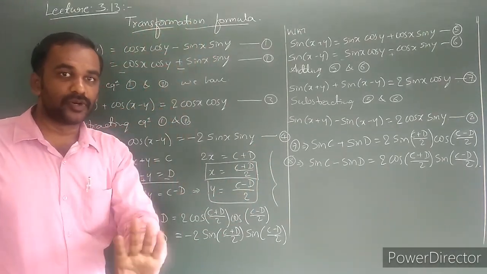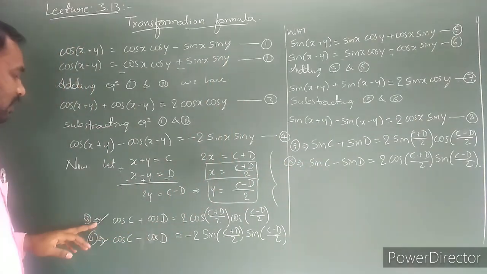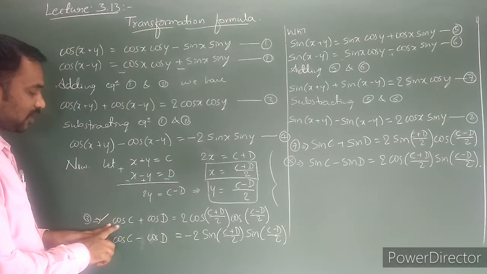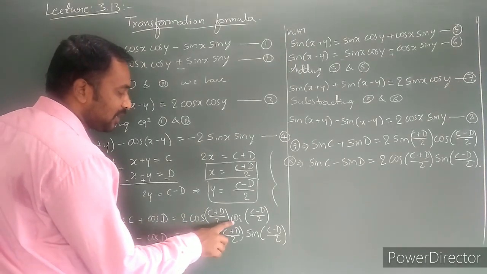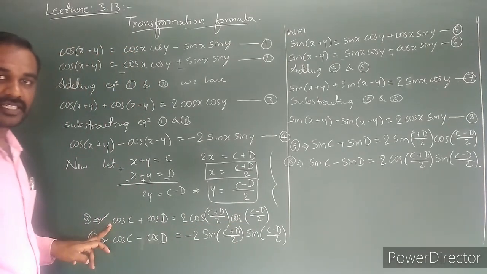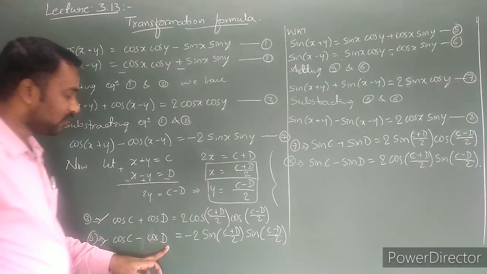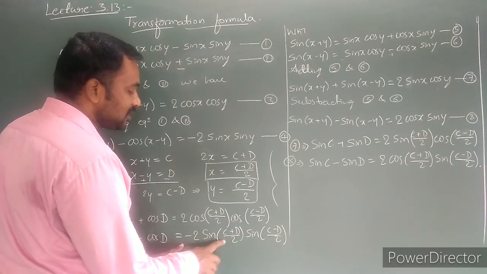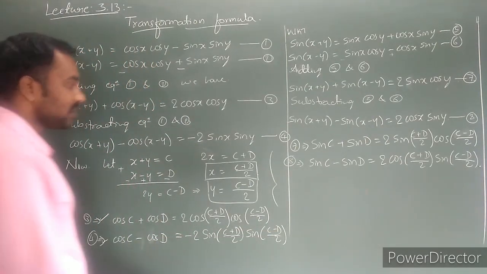There are totally 4 formulas, called the transformation formulas. What are those? One is cos c plus cos d is equal to 2 cos of c plus d by 2 into cos of c minus d by 2. Cos c minus cos d is equal to minus 2 sin of c plus d by 2 into sin of c minus d by 2.